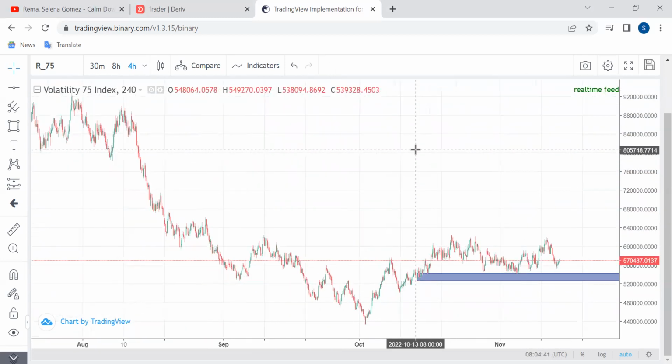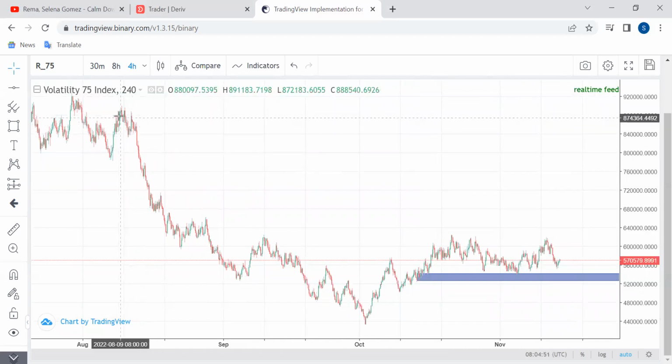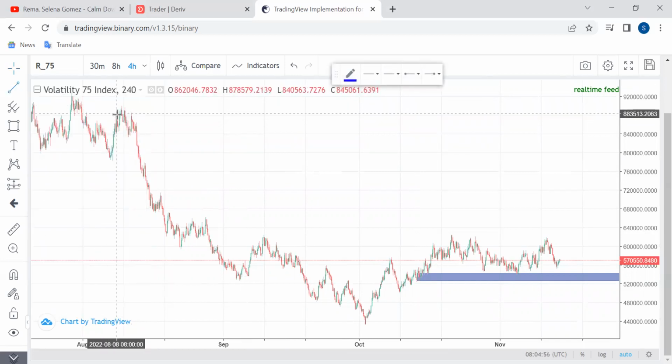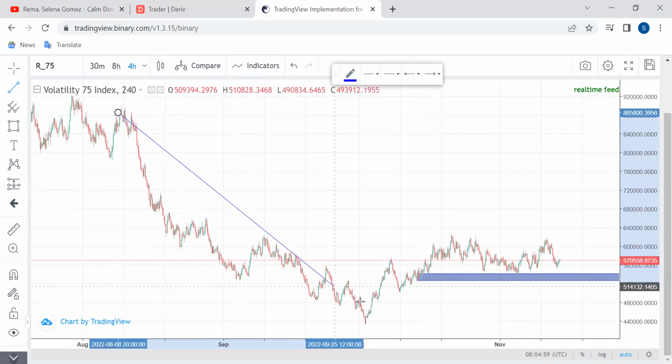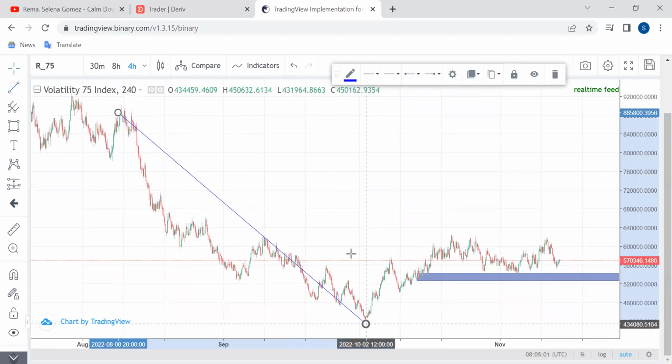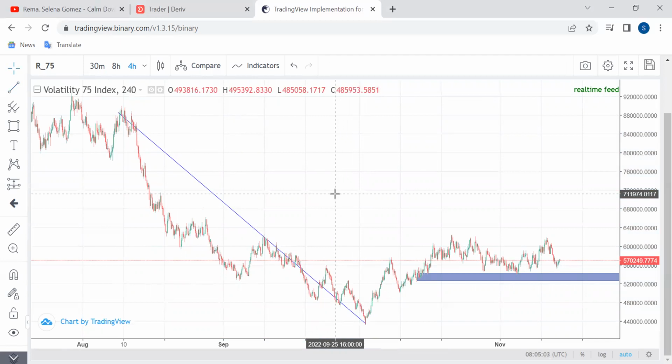And then the purpose of me zooming out is I want to fully see what has been happening previously on the chart. So as you can see here, Volatility 75 has been on a very, very long downtrend from here all the way up to here. That tells us that the bears have been having the power and have been the ones who have been controlling this market.